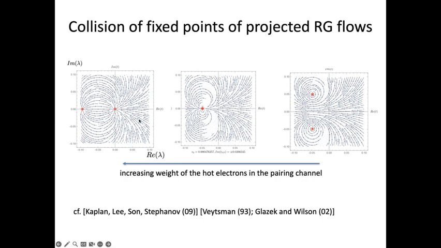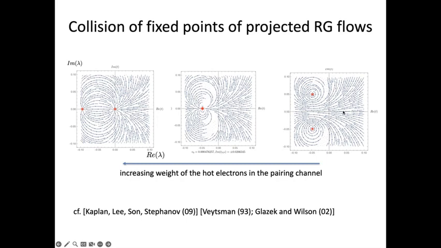Now, as I make the weight of the hot electrons smaller, these fixed points on the real axis become closer and closer, and they collide at some particular choice of the Cooper pair wave function. And then if I include enough weight away from the hotspot, this fixed point for the four-fermion coupling bifurcates into the complex plane, kind of opening up the gate for the runaway flow.